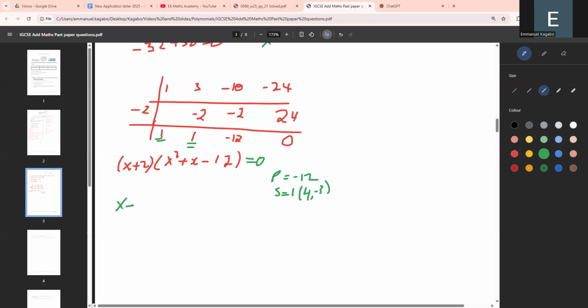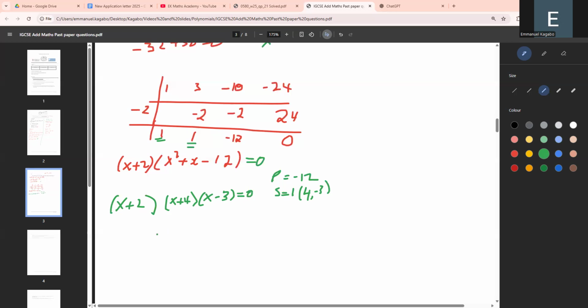So it will be x plus 2 bracket. I'm copying down these guys. Then, because I've got the two numbers, it will be x plus 4 bracket x minus 3. Altogether, guys, equal to 0. I hope you understand that.